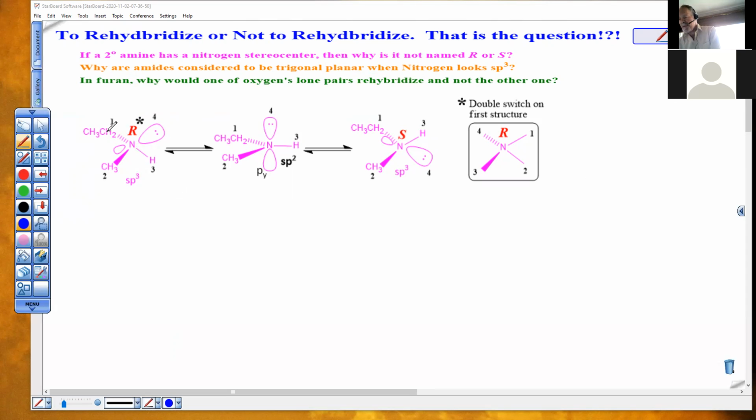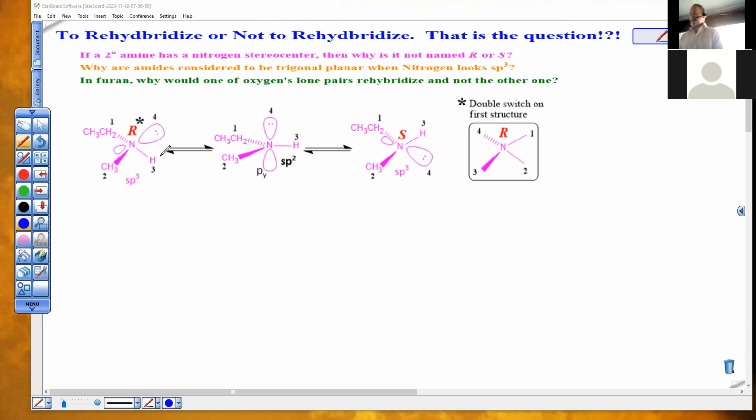We have an ethyl, we have a methyl, we have a hydrogen, and yes, a lone pair, which contributes to the geometry, has to be considered a group. And why would it be priority number 4 using the RS rules, the Cahn-Ingold-Prelog rules of stereochemical determination? Well, it has a mass of very close to 0 grams per mole, which makes it the lightest substituent on this nitrogen. Much lighter, 2,000 times lighter than a hydrogen atom. So I've prioritized the items 1, 2, 3, 4.